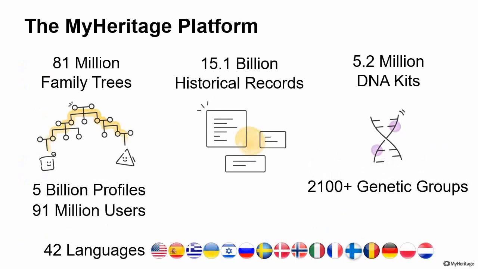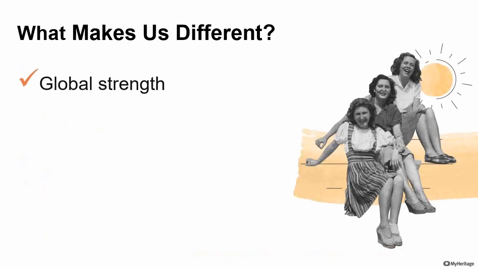That is definitely one of the things that makes MyHeritage different from other companies out there: the global strength, meaning people all over the world using MyHeritage not only to build their family trees, but also to research their families, their records, and do DNA.